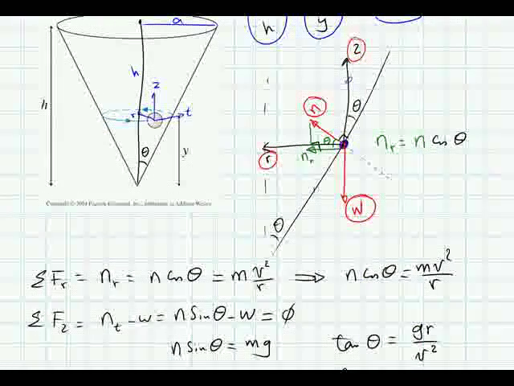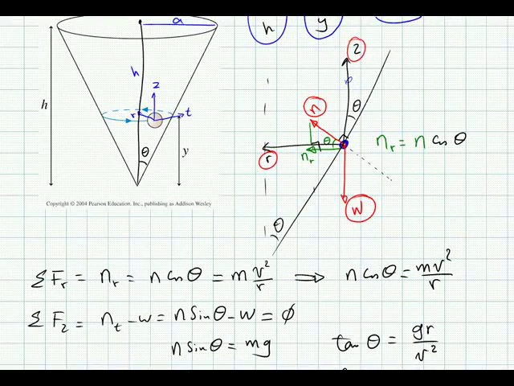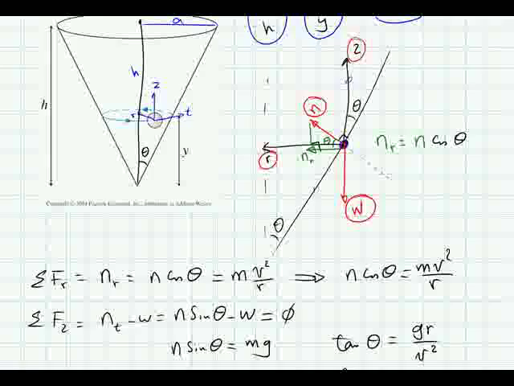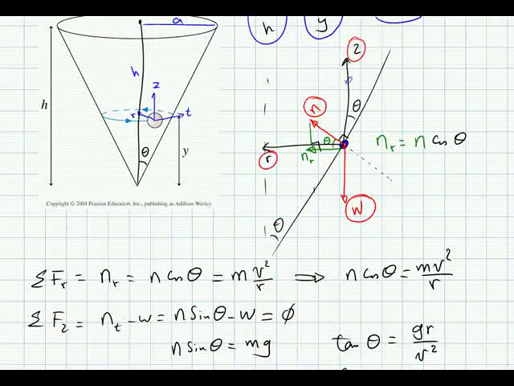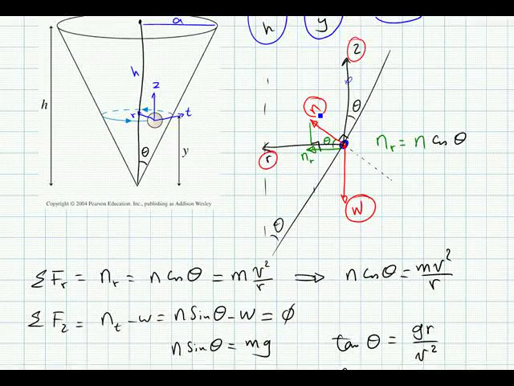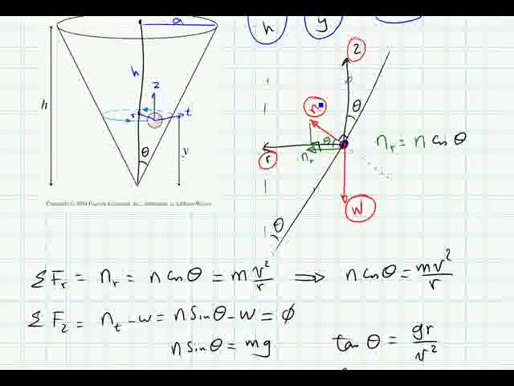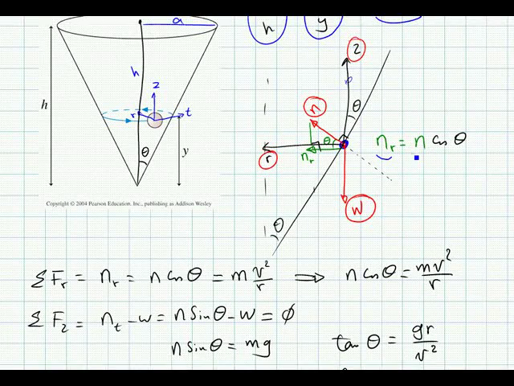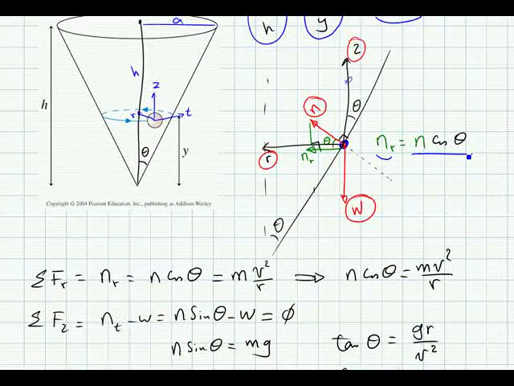If we just look at the RZ coordinates, the only force contributing to the radial force, which will result in a radial acceleration, is the normal force from the wall. So N_R, the radial component of the normal force, is given by N cosine theta.